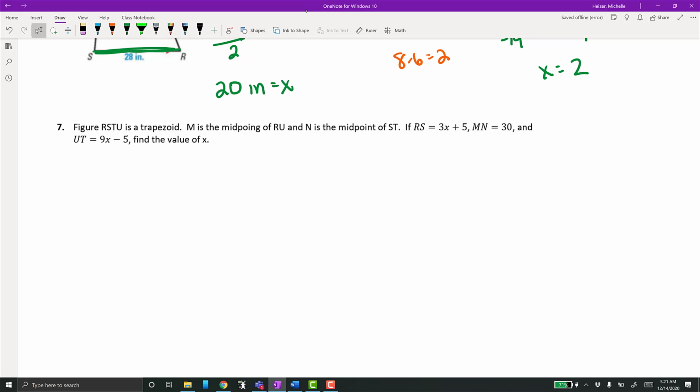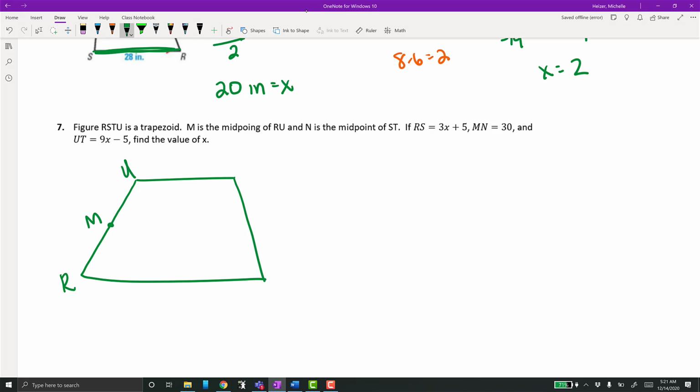All right, our last problem here. Figure RSTU is a trapezoid, and M is the midpoint of RU, and N is the midpoint of ST. So I'm going to go ahead and draw a trapezoid here. So I've got the point M is the midpoint of RU.